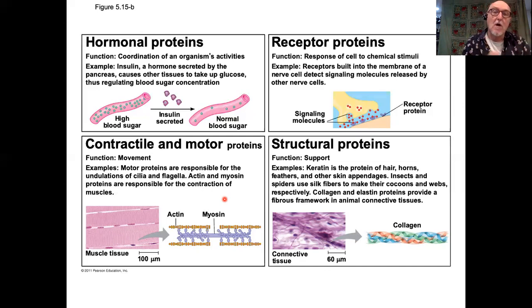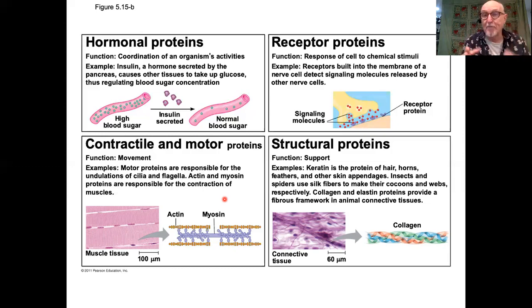In addition, movement of stuff within the cell, transport of vesicles, transport of organelles, movement of organelles from one part to another. All of these kinds of movements are also the responsibility of proteins, and they are usually because proteins called the motor proteins interact with other protein filaments.